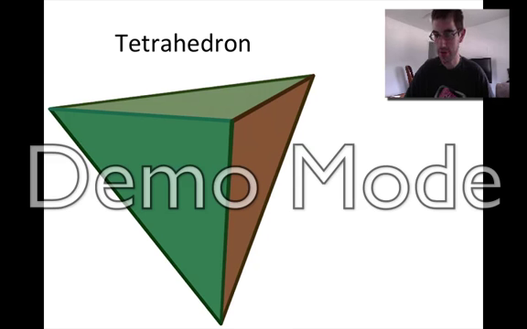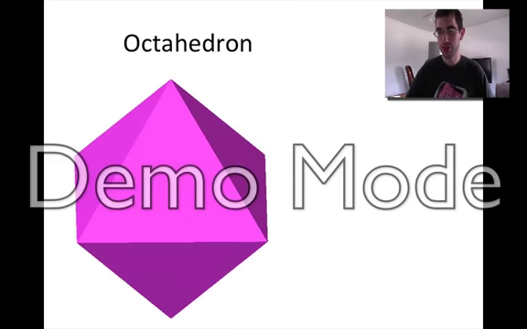We have up next the octahedron, which is 8 equilateral triangles, 4 of which meet at each vertex. This is a little bit different because they're equilateral rather than not. Up next, we have more triangles.